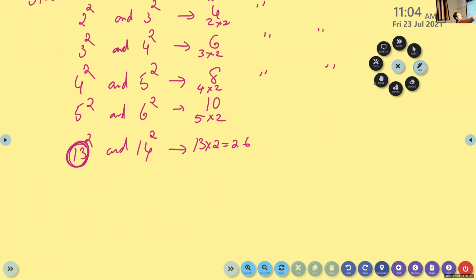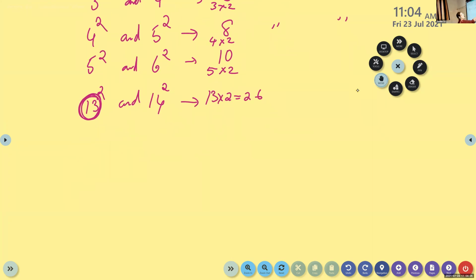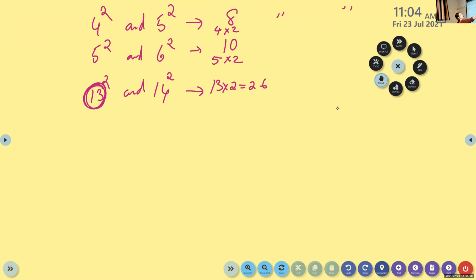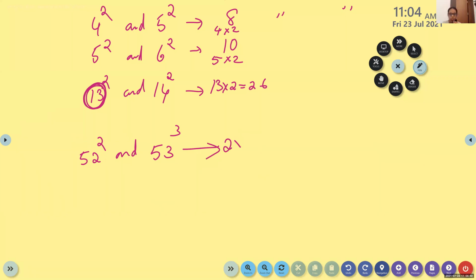So between 52 square and 53 square, the next consecutive square number, how many non-perfect square numbers are there? How will we find? 2 into 52, that is 104.